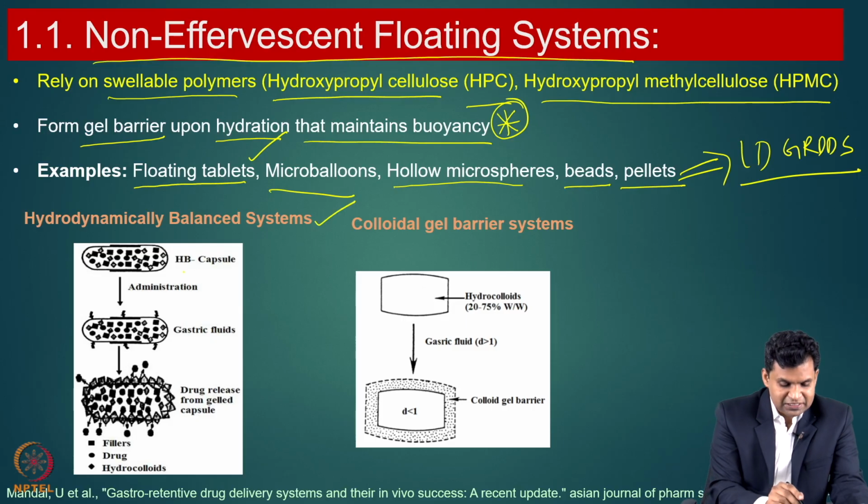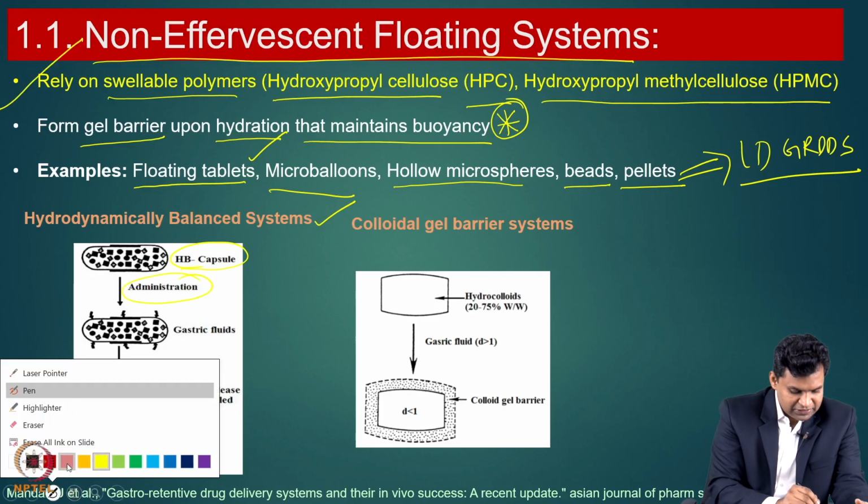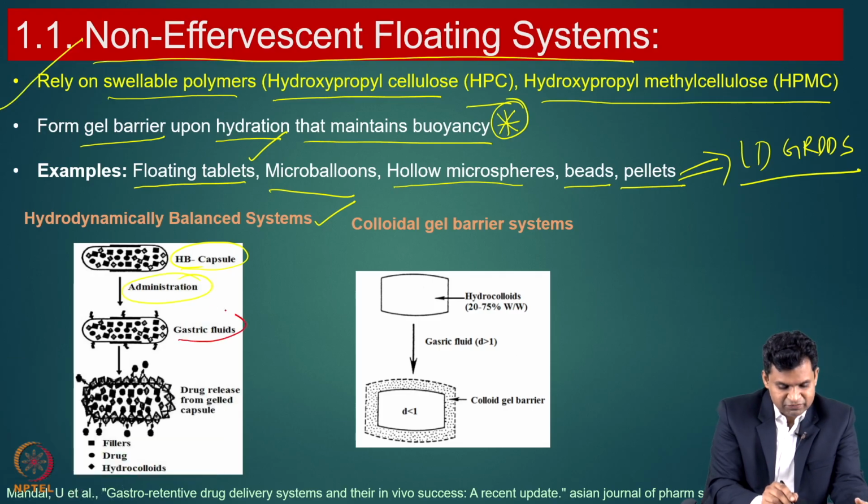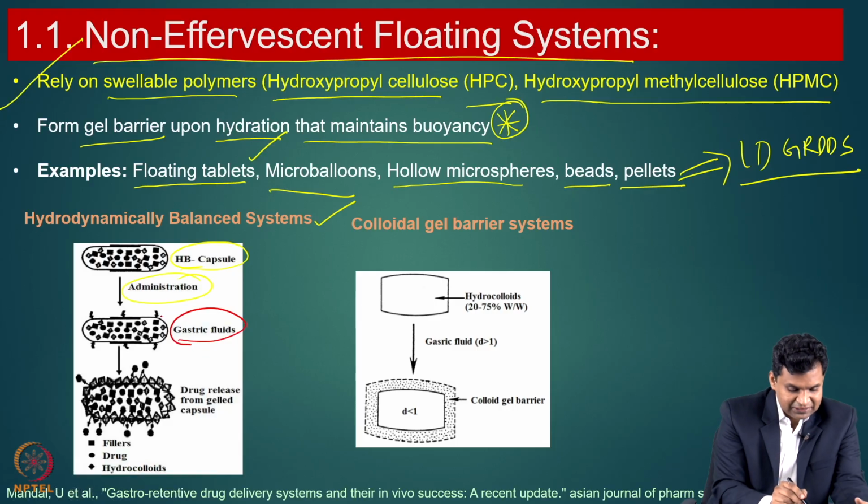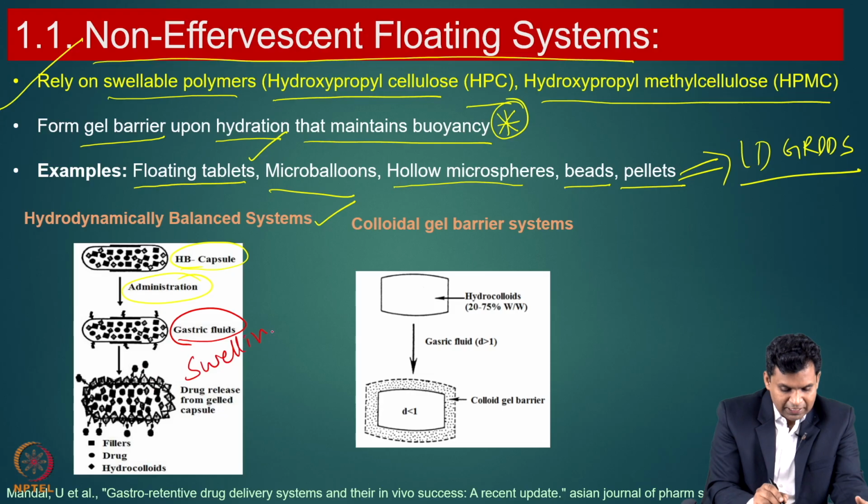Now, you can see these are the capsules which are prepared with the same polymers, and after administration you can see what happened, the gastric fluid is coming and interacting with that. You will see there is a change in their surface. The GIT fluid is interacting and it undergoes swelling, and this will help in the retention.